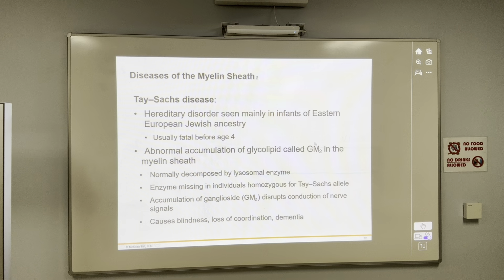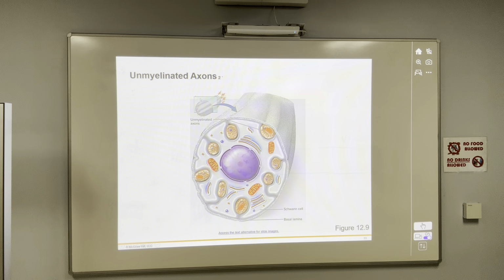GM2 is a waste that should be removed. The enzyme, due to a mutation, is missing in individuals who are homozygous for the Tay-Sachs allele. The accumulation of GM2 ganglioside disrupts the conduction of nerve signals and causes blindness, loss of coordination, and dementia.